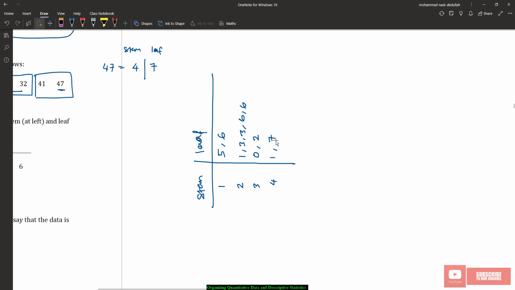So we rotate the plot, right? Make sure the smallest value is on the left hand side and the largest value on the right hand side, right? So from here we can see the shape of the distribution, whether this is skewed to the right or normally distributed.